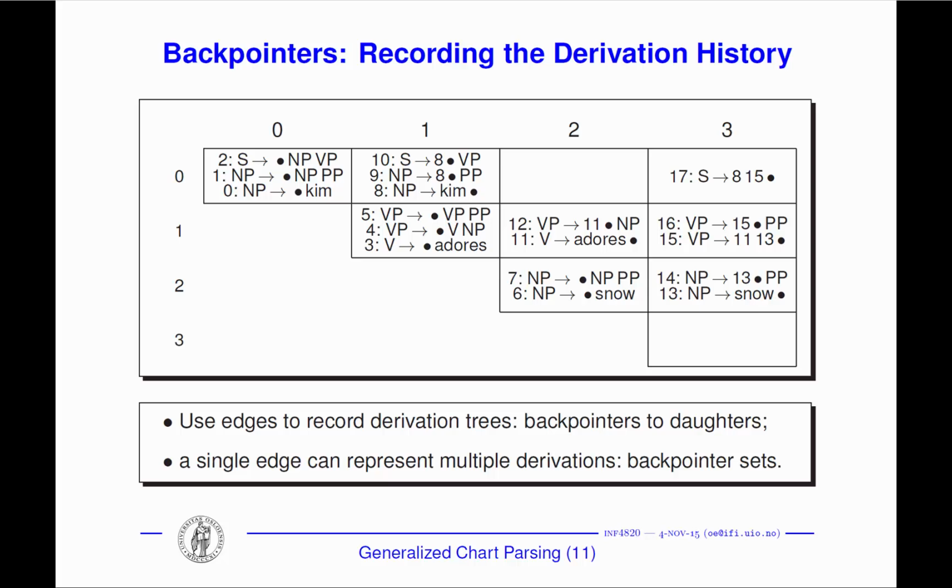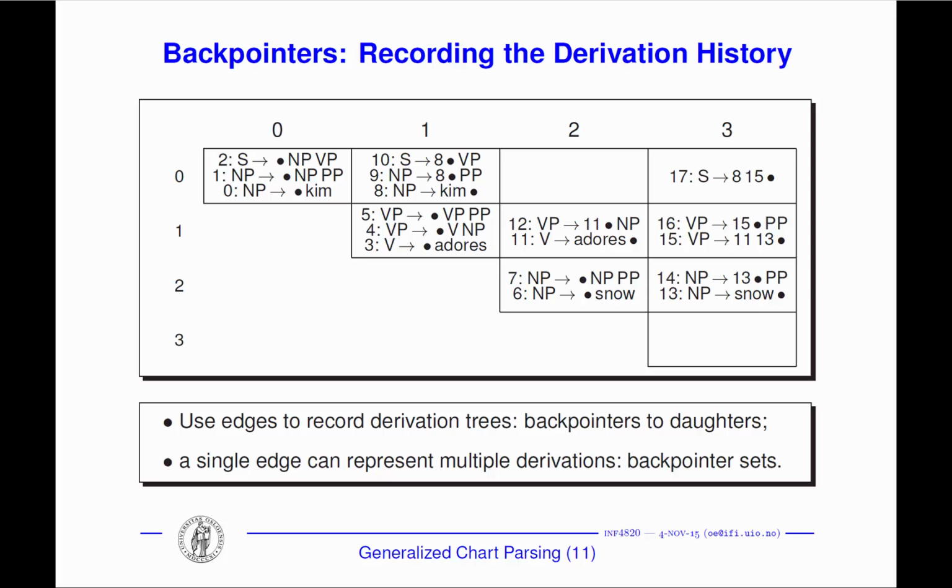So those pieces of the edge that the fundamental rule cares about are still what they used to be. It's only where I advance the dot that, rather than recording 'I found an NP', I record more. I record 'I found edge number 13', which has as its left-hand side category alpha, the category NP that I was looking for. So I store more information.